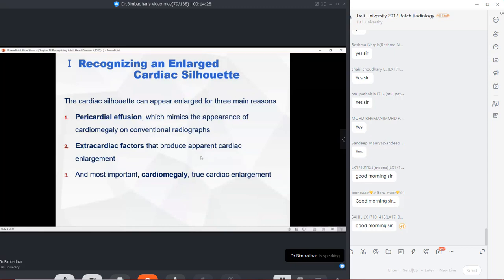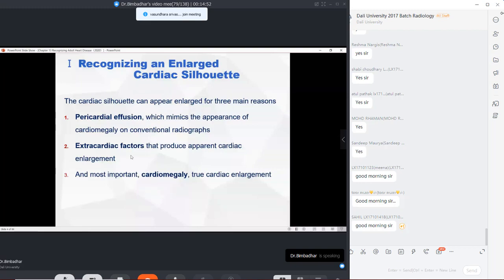For example, when we are talking about an AP view, a supine position, or a pure inspiration or pure expiratory film. These are quality factors, but we'll get into pathological conditions slowly. Those are the ones that make the cardiac size appear a little bigger.